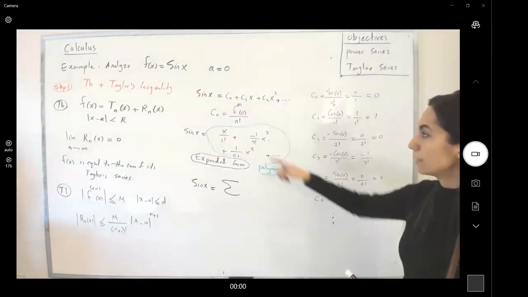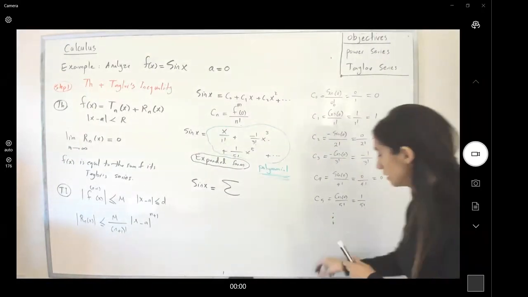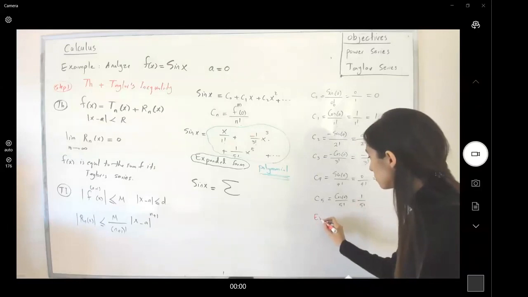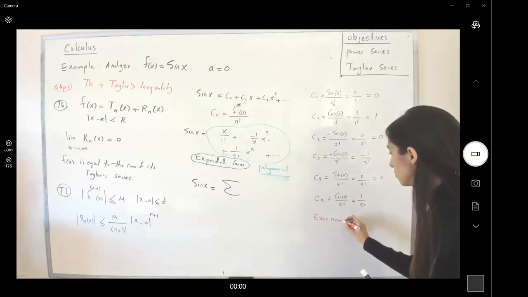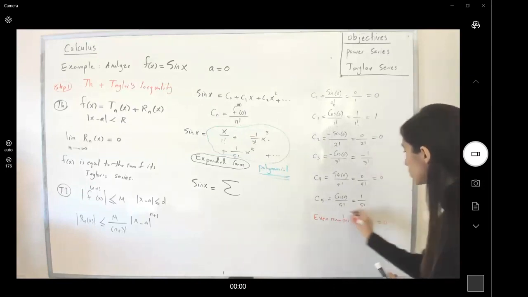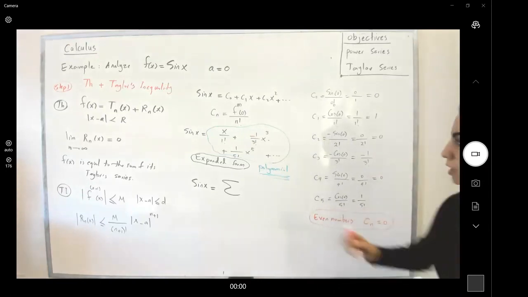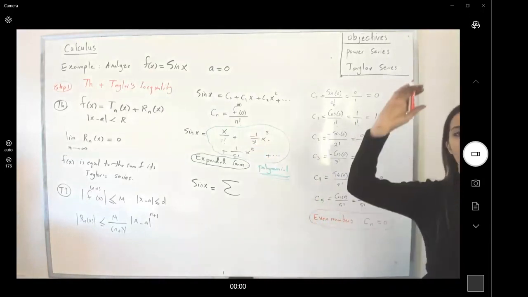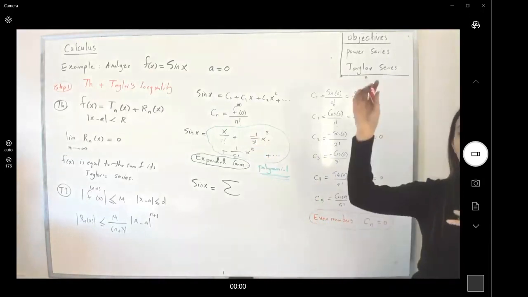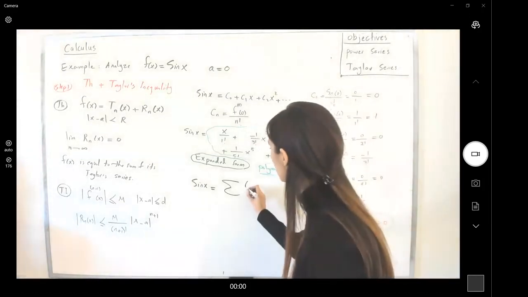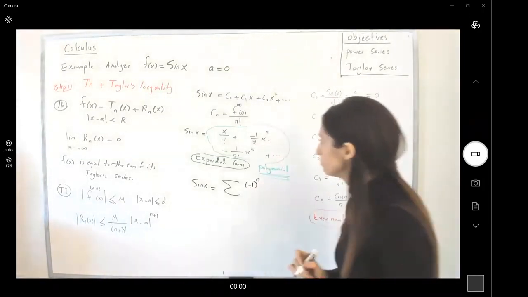And note that if you have even numbers, C sub n is equal to 0. Your negative sign shows that your negative 1 has an exponent. Sometimes it's positive, sometimes it's negative. So you have negative 1 raised to n.